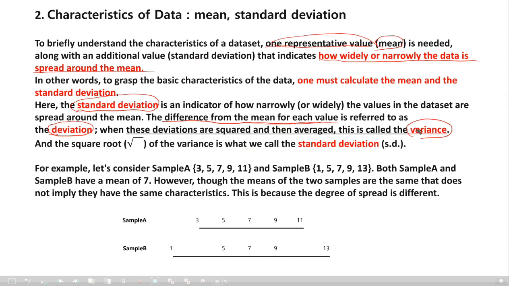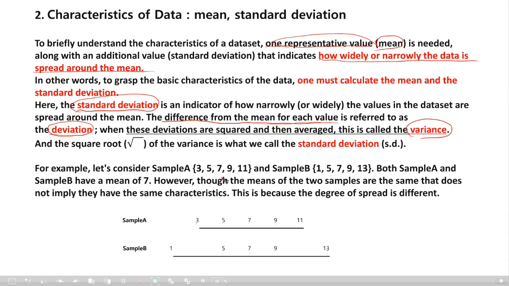Let's see some examples. Sample A consists of 3, 5, 7, 9, 11. Sample B is 1, 5, 7, 9, 13. Each sample has 5 numbers. Both sample A and sample B have a mean of 7.